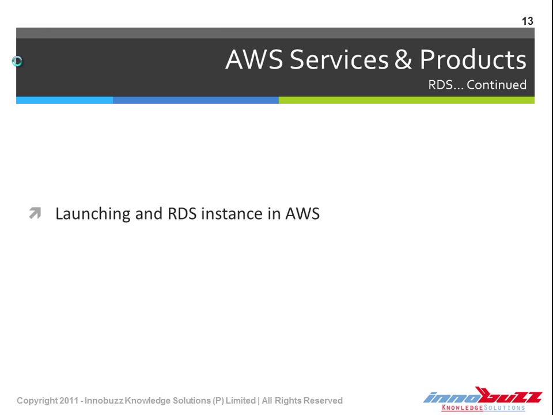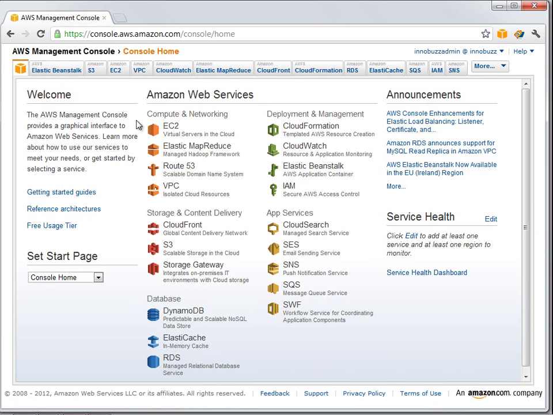Now let's go ahead and launch an RDS instance in AWS, and see how exactly it works. Let's log into our AWS Management Console, and click on RDS, which comes under the database category.